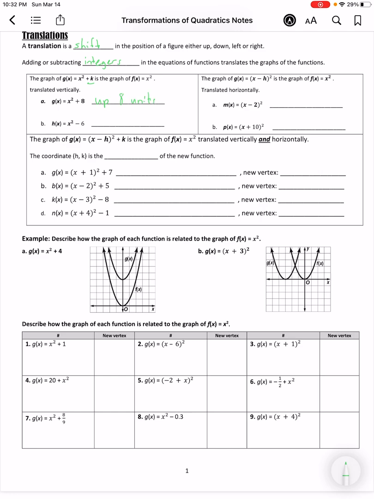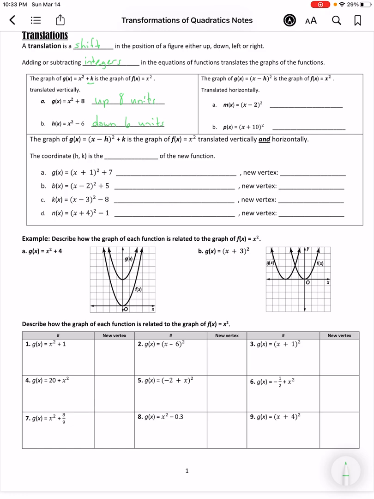So wherever x squared would graph, 8 units higher would be x squared plus 8. The opposite of that, x squared minus 6, would be down 6 units. So that graph would move down from x squared. You would look down 6 spots on the y-axis, and you would find the vertex for that.